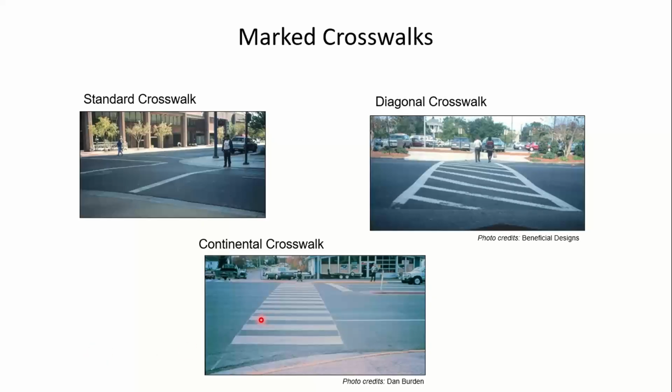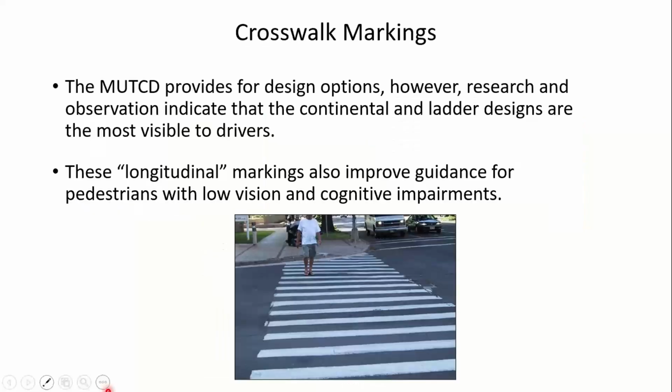Notice that the continental design is the only one that doesn't have the white retroreflective lines on the outside of the pattern, but that's fine. As I mentioned, this is still visible to low vision pedestrians as well as to drivers. And as I said, probably the continental and ladder designs are the most visible.